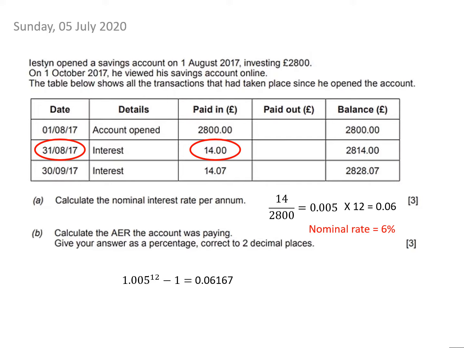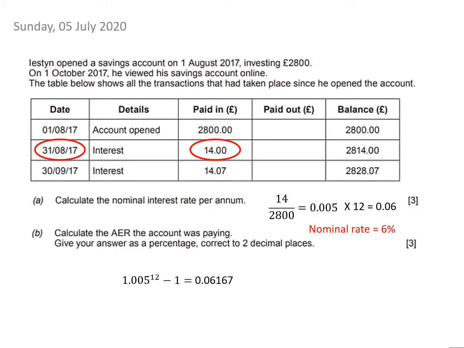We can do 1 plus our nominal rate divided by 12 would give us our 0.005. So 1.005 raised to the power of 12 take away 1 gives us this value here of 0.06167.